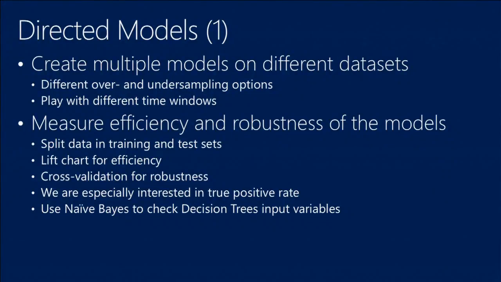Then you say, my second fold, my second 10%, is the test set, and you repeat the procedure. And then you measure the average number of correct predictions and the standard deviation.